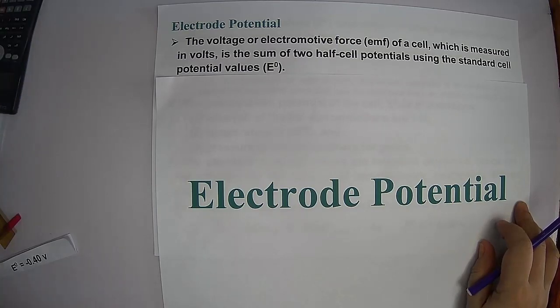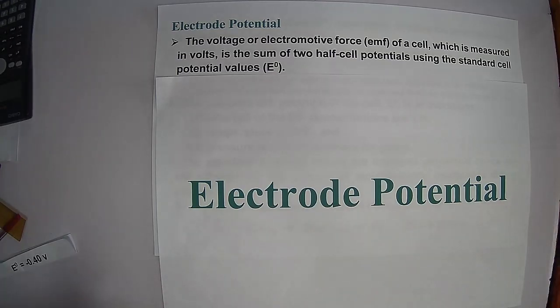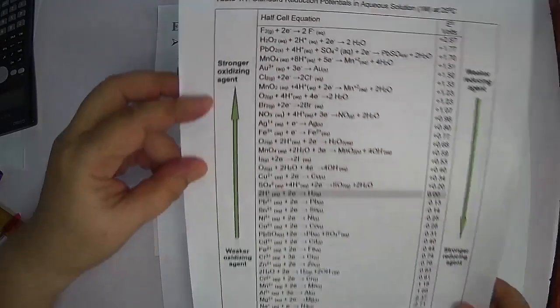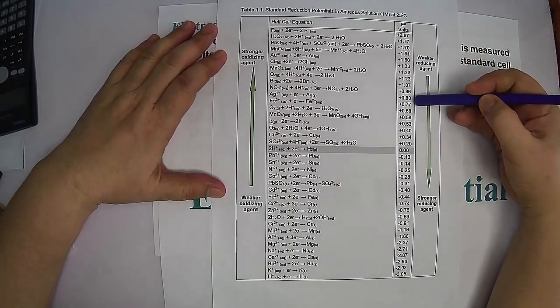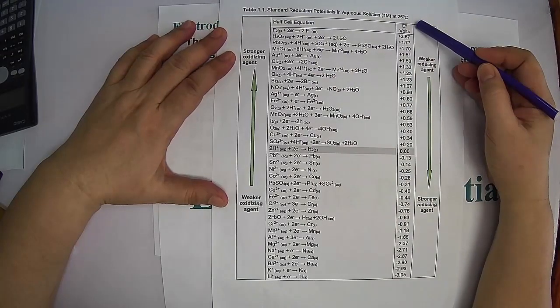The standard potential values were established by comparing the potential of the cell with the reference cell, the hydrogen electrode, whose potential is 0. Most standard electrode potential tables give only one value, and it is usually the reduction potential.